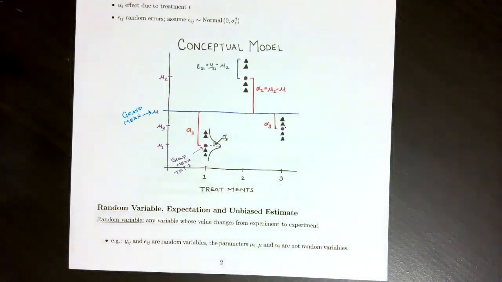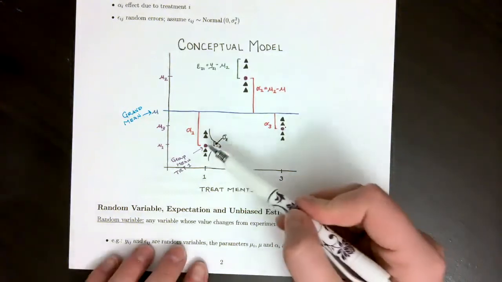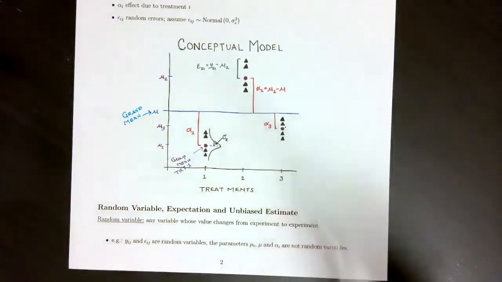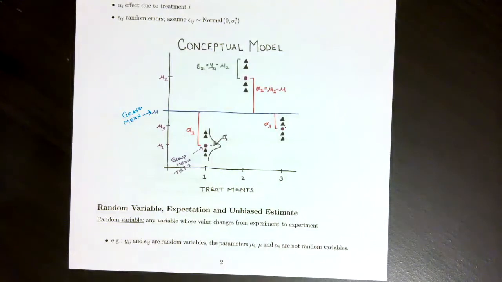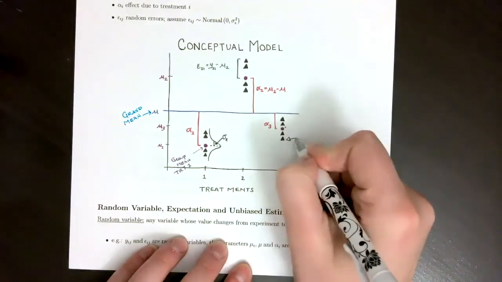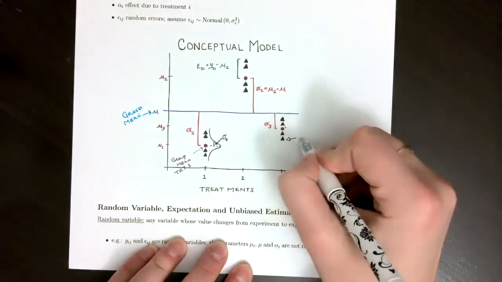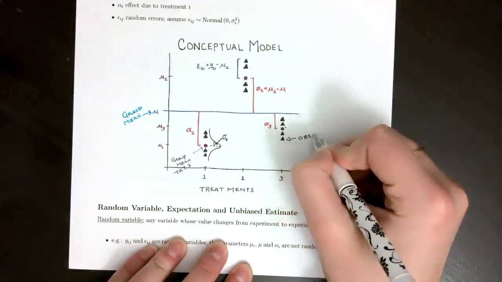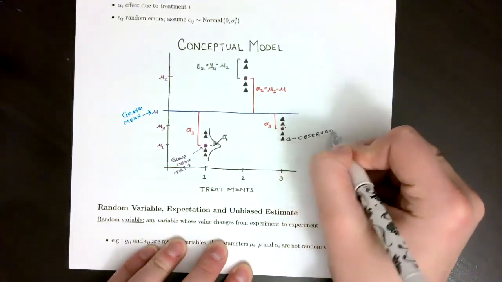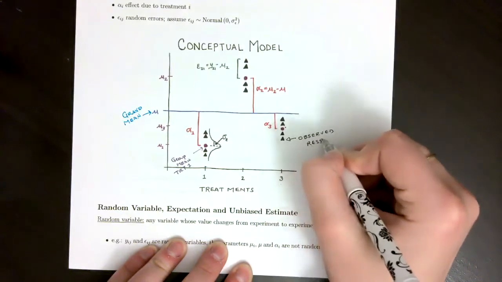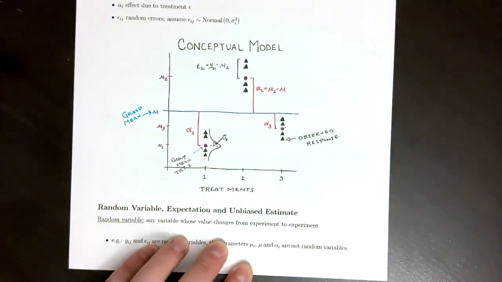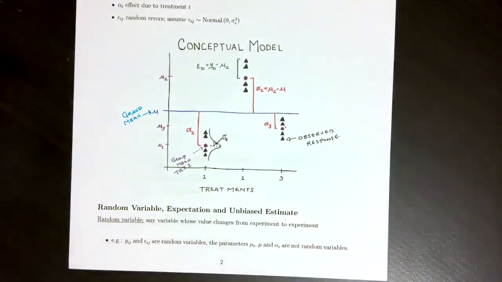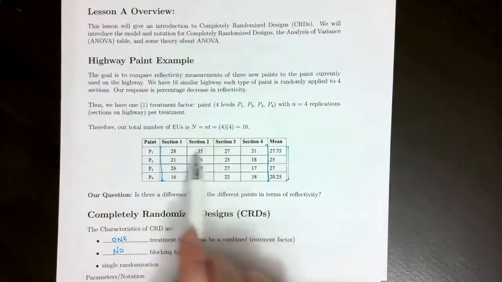So for each treatment, we'll have a group mean, and then we have observations. So these black triangles represent our observed responses. Okay, that would be, in our pain example, these various numbers.